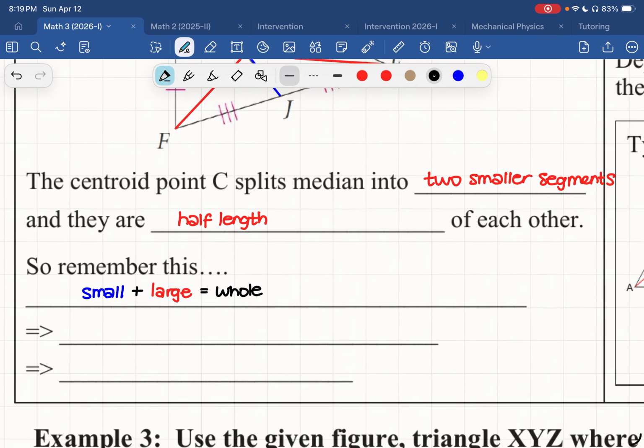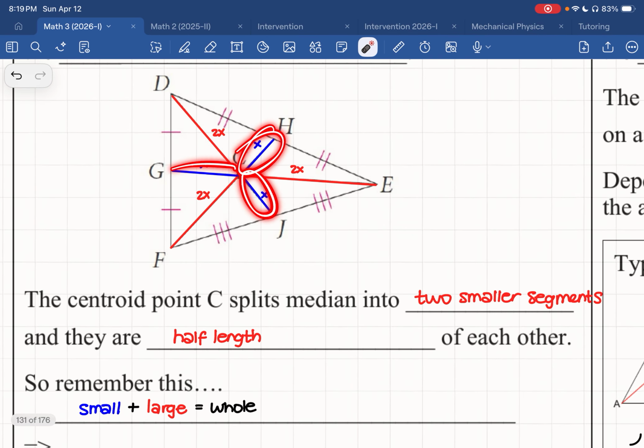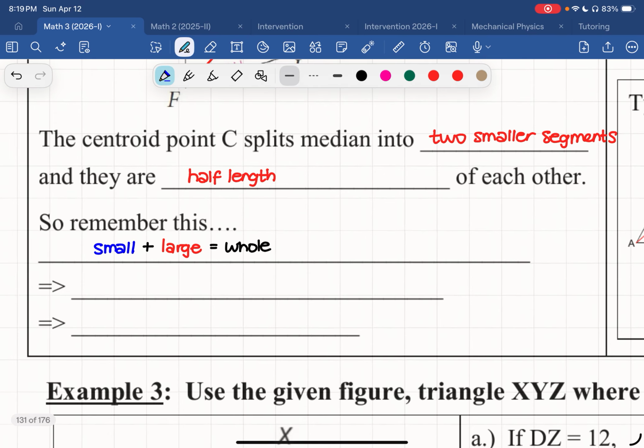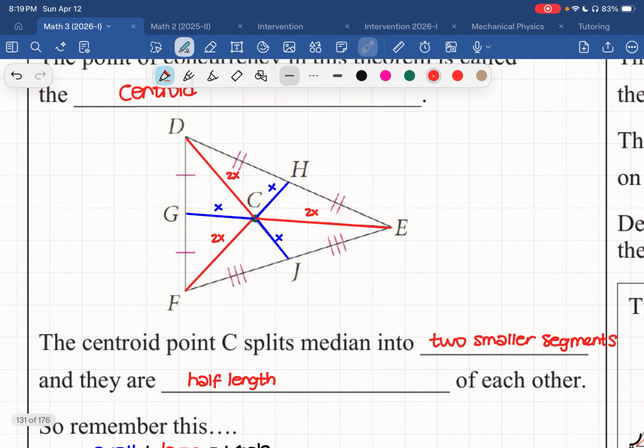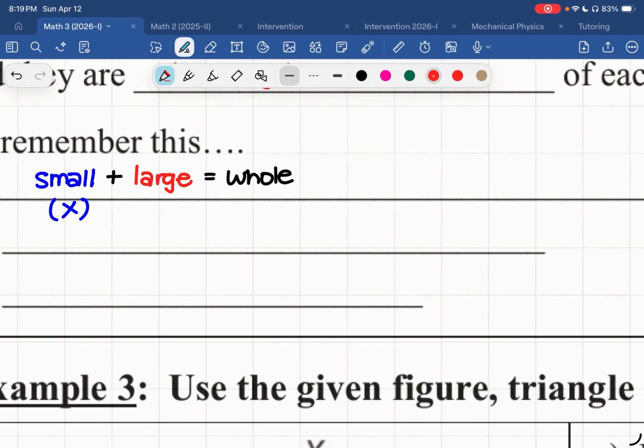So who is the small? Remember, we said the small ones are x. So the small is x. And the large, what is the large? The large are 2x. So x plus 2x is equal to what? 3x, right?